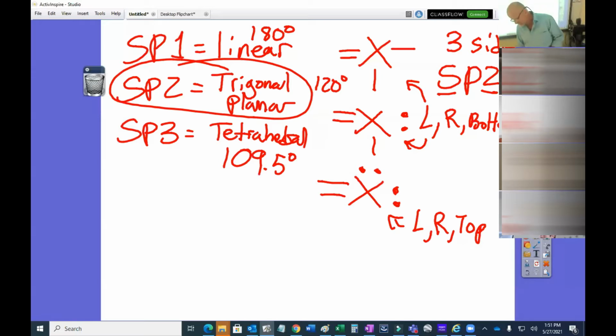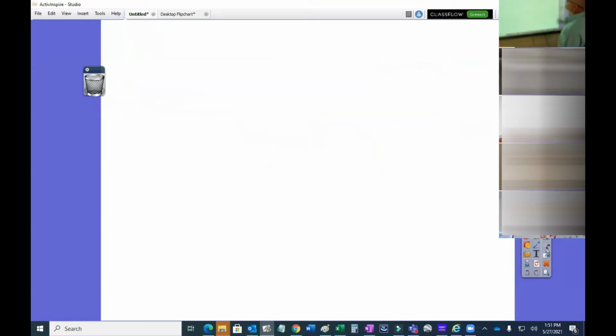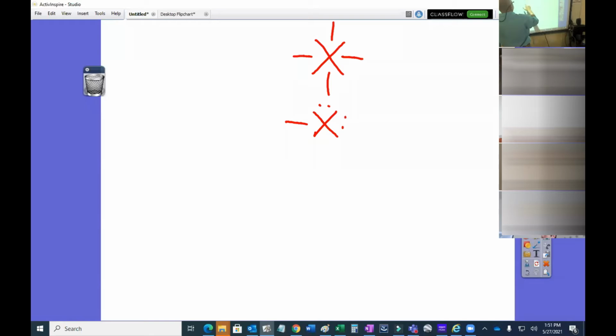All right. Last one. Let's say we have an atom that's bonded like this, or an atom that's bonded like this. Nope, hold on. Maybe we have this one, or maybe we have this one, or maybe we have this one.